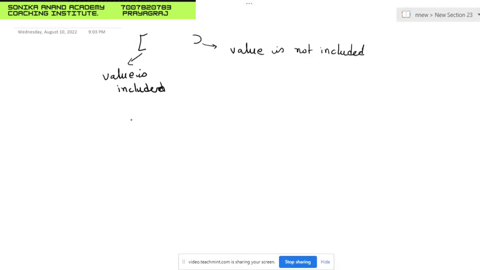For example, if we have data where the value of x is less than 5, where x belongs to the natural numbers. So from where do natural numbers start? From 1: 1, 2, 3, 4.